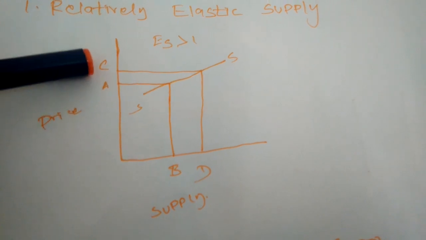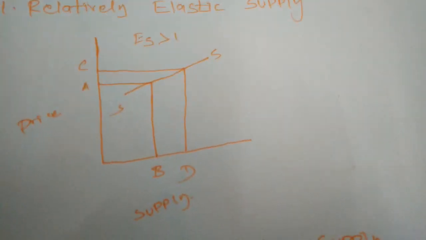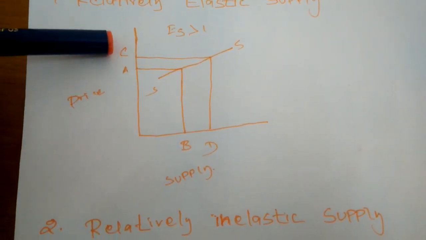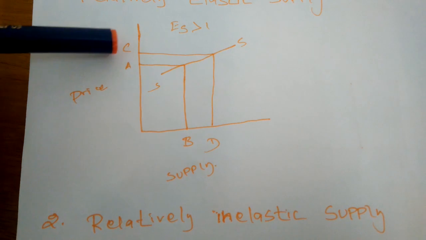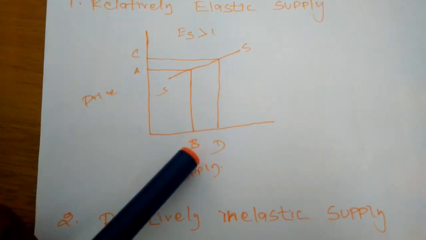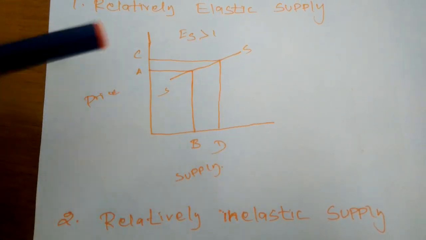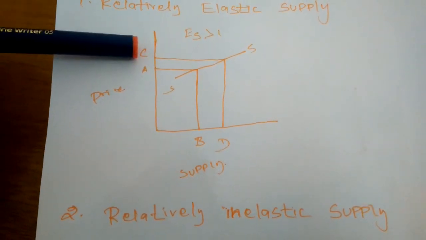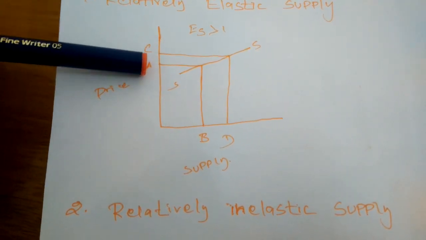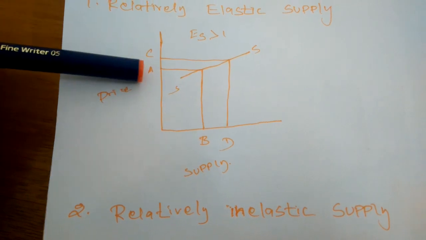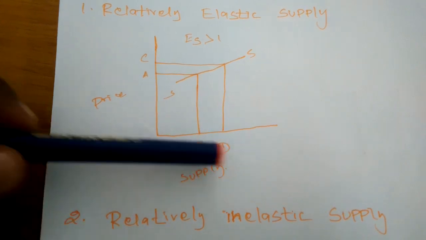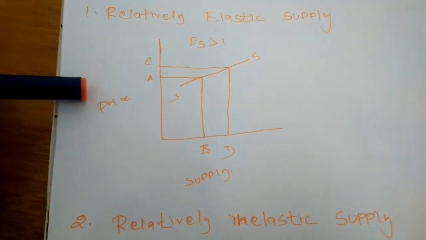If the price changes just 1%, the gap between C and A we can think of as 1%, and the gap between B and D as 2. So when the price of the commodity increases just 1% from A to C, the supply of the commodity increases 2% from B to D.